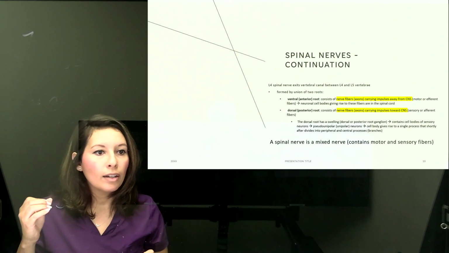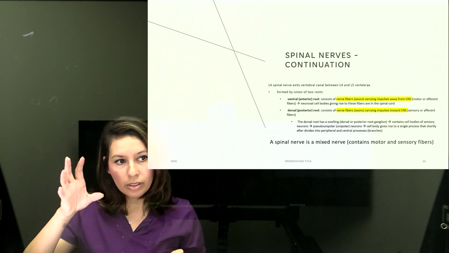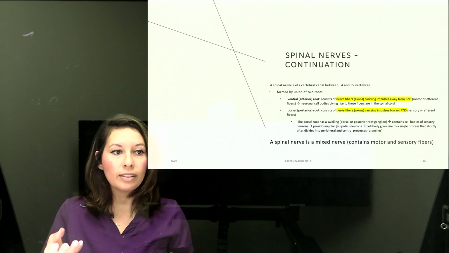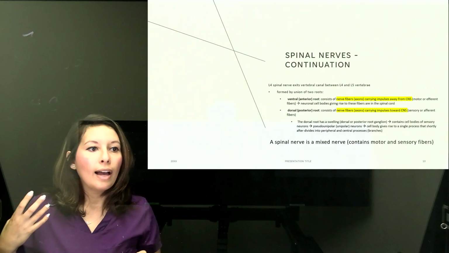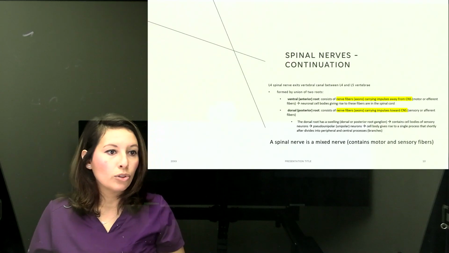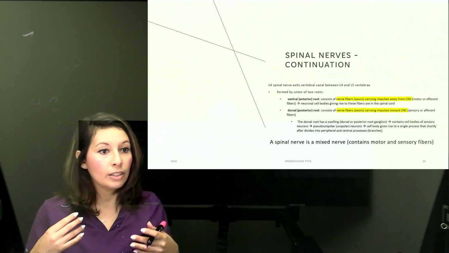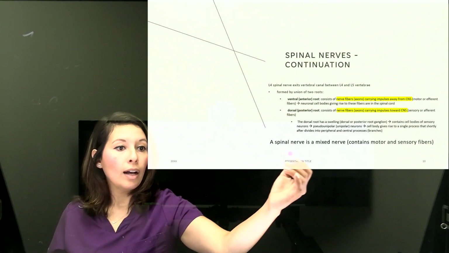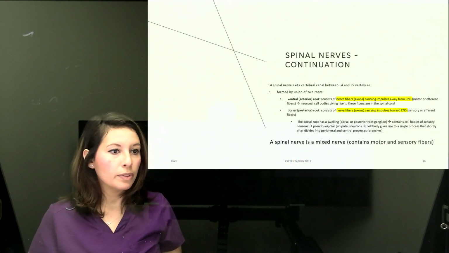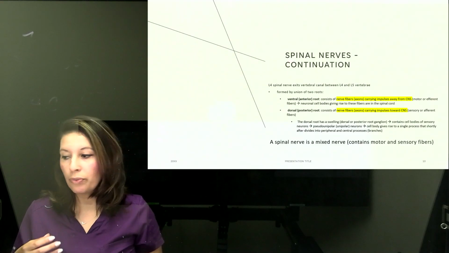And then the dorsal roots are those that are carrying impulses towards the central nervous system. So these are going to be sensory or afferent fibers. So that is also a very important thing to know. Remember that in general, we also say that your spinal nerves are mixed nerves, right? Because they will contain both sensory and motor fibers.